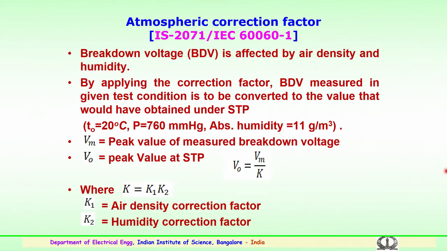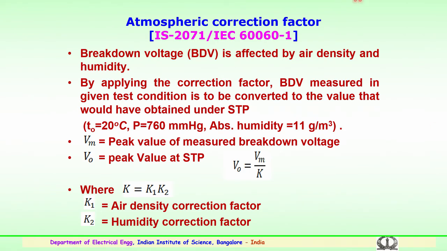So, for the breakdown voltages, proper and necessary atmospheric corrections have to be made because these values could differ from laboratory to laboratory, and hence these breakdown voltages have to be properly corrected to the standard temperature and pressure values which have been given in the standards.